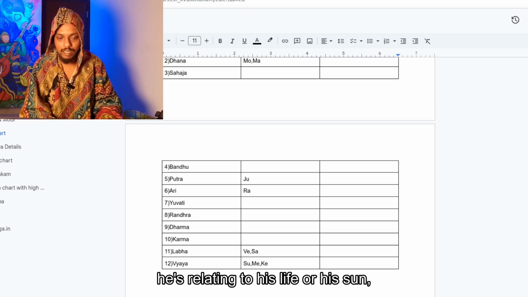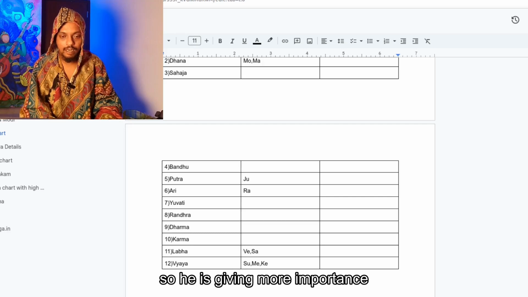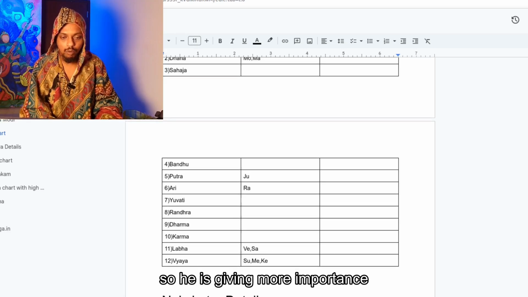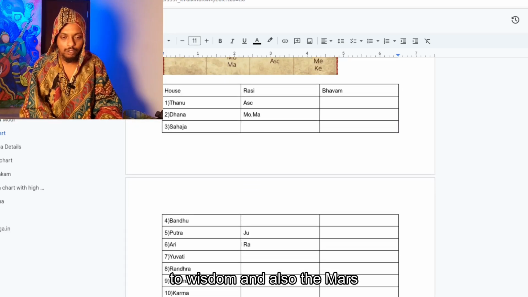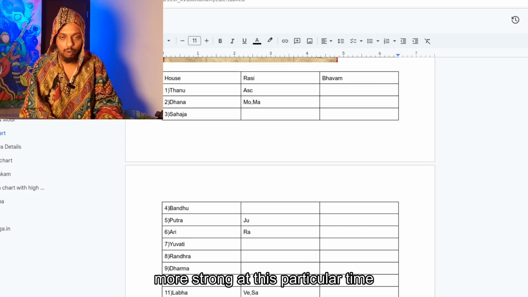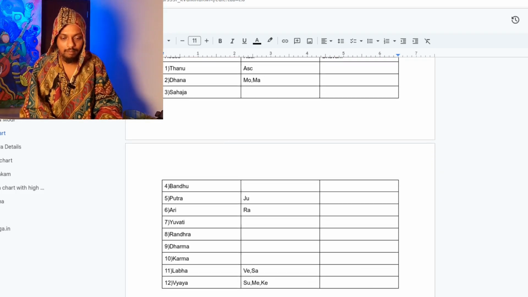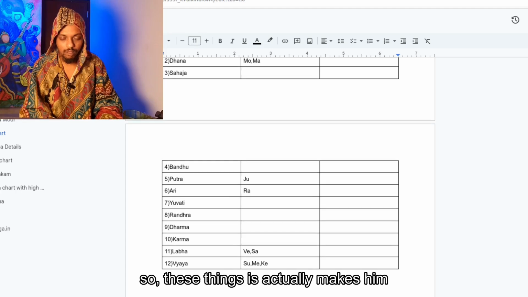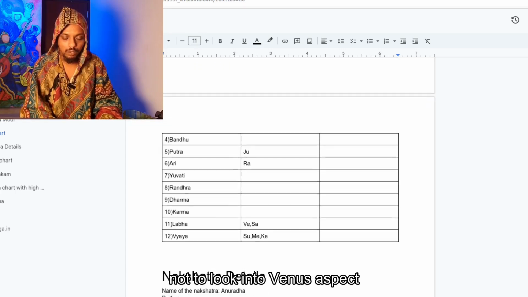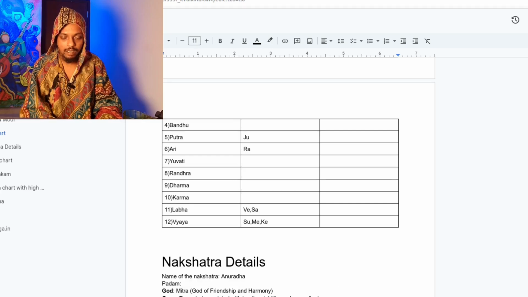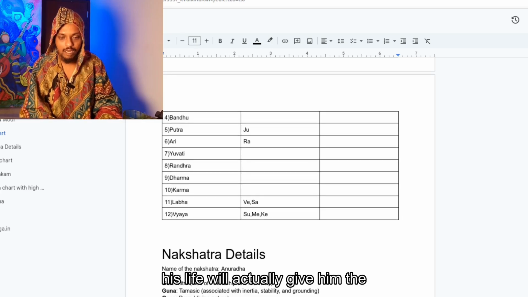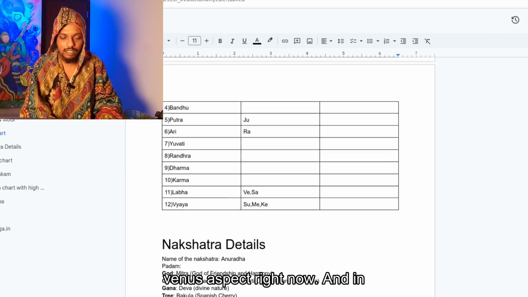He is relating it to his life or his son. So he is giving more importance to wisdom, and Mars is also stronger at this particular time. So these things make him not look into the Venus aspect, but his life will actually give him the Venus aspect right now.